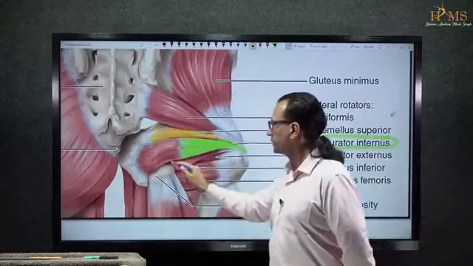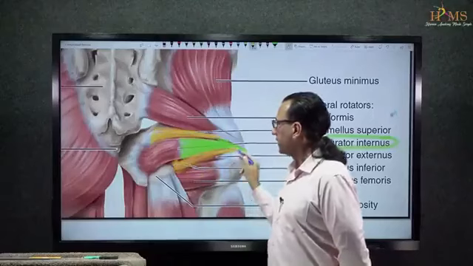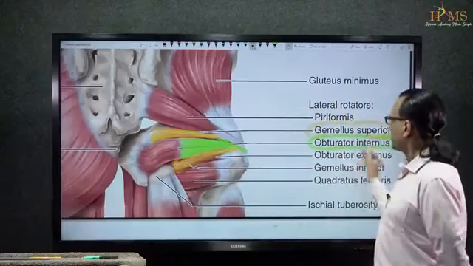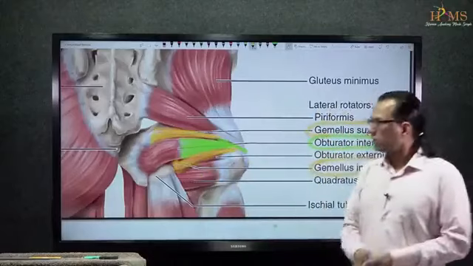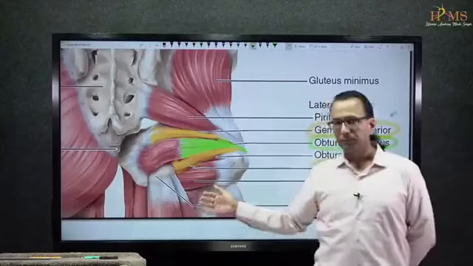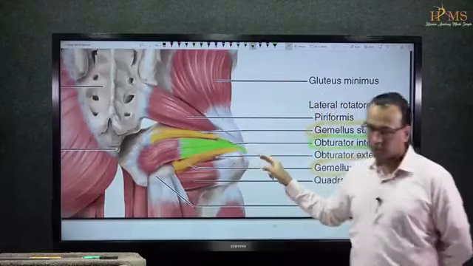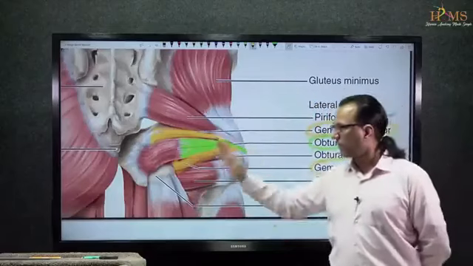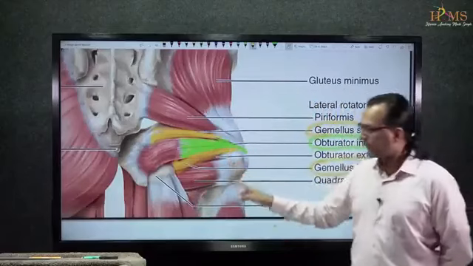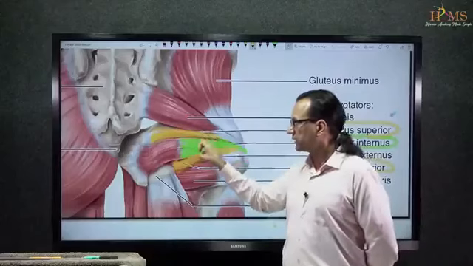So this is superior gemellus and this is the inferior gemellus. The identification is just to search for a tendon, and that is the tendon of obturator internus attaching to the femur bone. All these muscles attach to the femur bone and rotate the femur, lateral rotators. So superior and inferior gemellus, twin muscles, you have found.